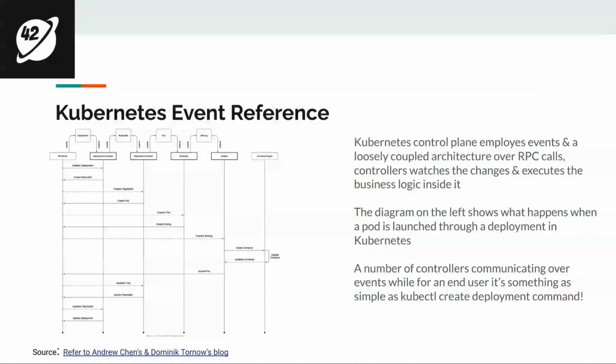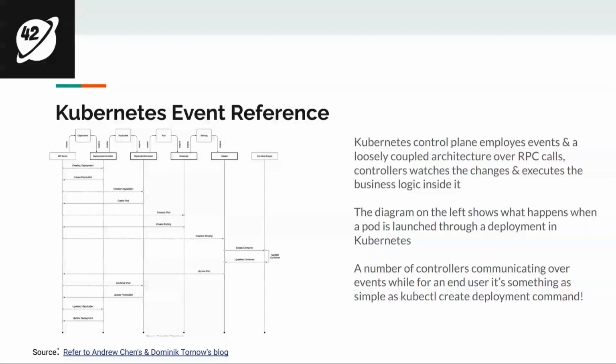So again, going back to this little diagram here on the left, it is just a representation of the different control loops getting involved when you actually request a deployment to be created. So let's say I want to deploy Nginx as a deployment in a Kubernetes cluster, and I want 3 replicas of it.